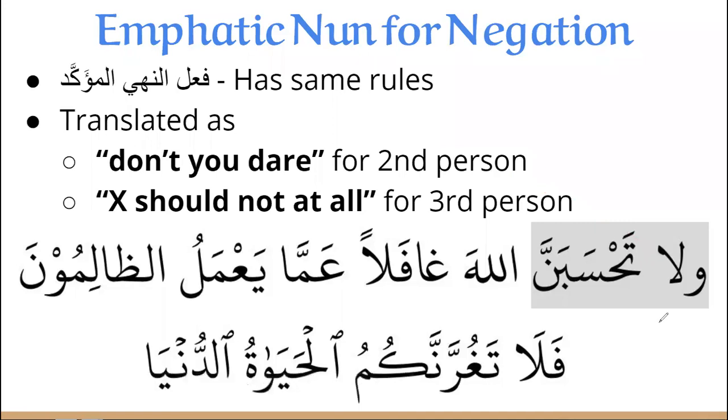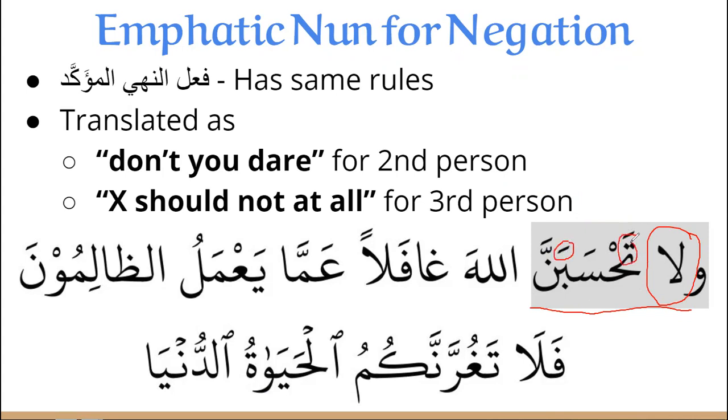Here you go. Wala tahsabanna. La is for negation. We studied in our negation class, right? Nahi, for nahi the negation comes. And tahsabanna, it's fatha, so it's anta, right?